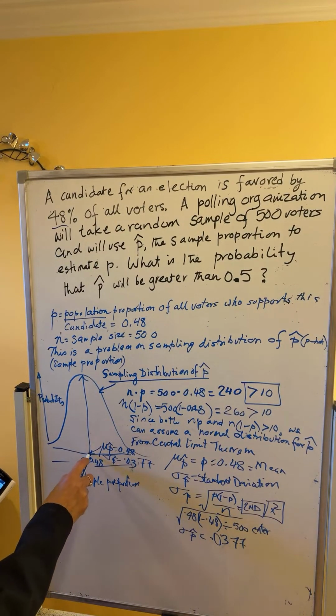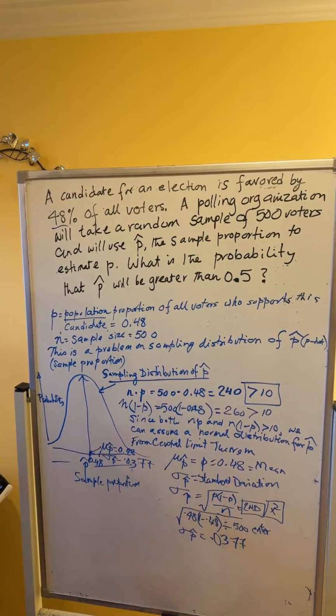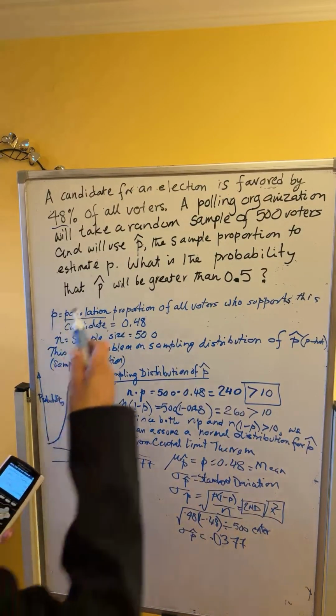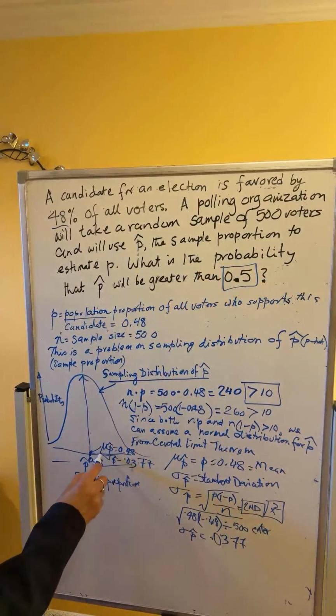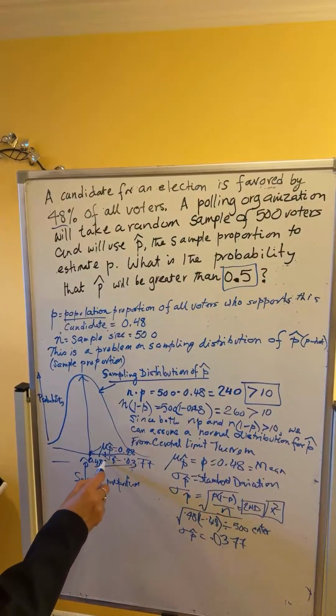Now we have to find out what is the probability that p hat will be greater than 0.5. Now at the center, the p hat value is 0.48 because it's equal to the population proportion. 0.5 is greater than 0.48, so 0.5 will be somewhere on the right of 0.48.